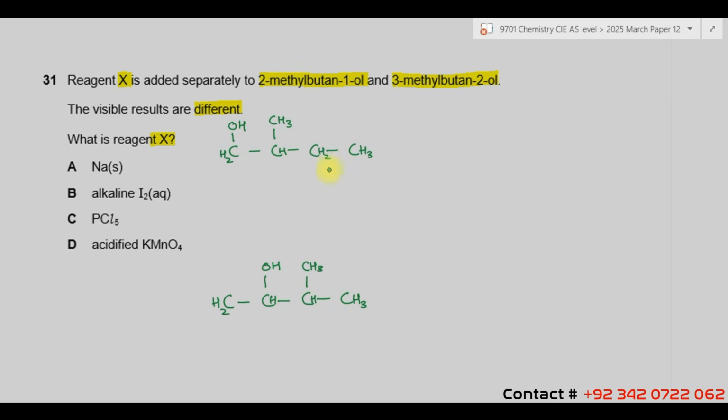Alright, now let's see what are the reactions with sodium first. Sodium can react with primary alcohol, it can react with secondary alcohol to form alkoxide along with hydrogen gas. So product formed will be CH2ONa along with the formation of hydrogen gas.